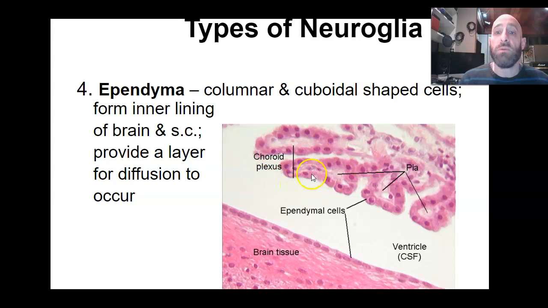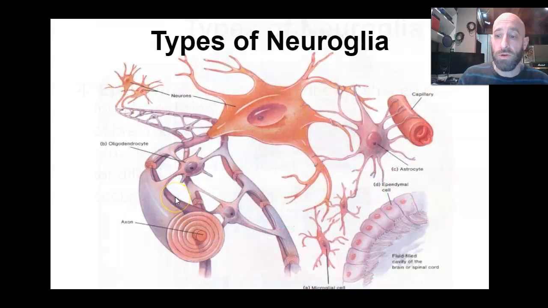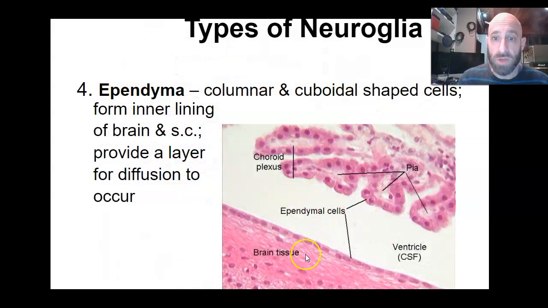And what they do is they would fill up this space with cerebral spinal fluid, and that cerebral spinal fluid would flow down the spinal cord and back up and around the brain. And we're going to talk all about that in the next unit on the central nervous system. But for now, you just need to know that the ependymal cells are the membrane of the brain. They form the inner membrane of the ventricles, and they're responsible for allowing diffusion to occur, and they also produce cerebral spinal fluid that fills up the space.